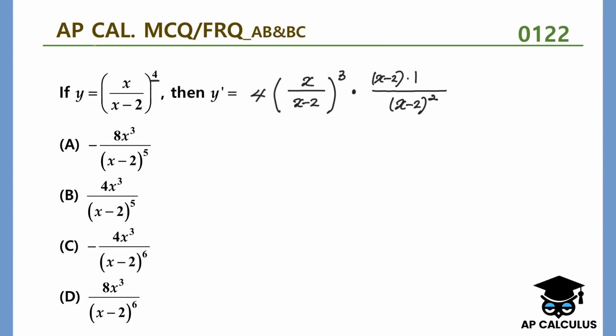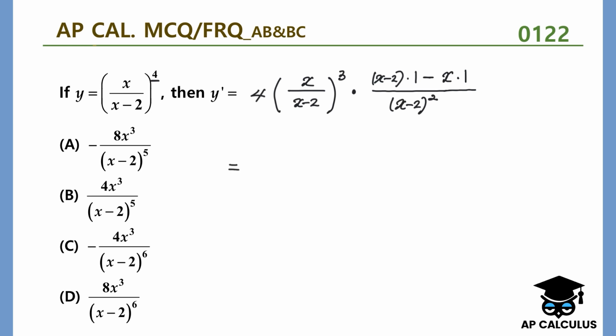Derivative of x is equal to 1. Minus high d low, minus high x, times the derivative of low, derivative of x minus 2, that's also 1, right? So we're done. Let's simplify this.